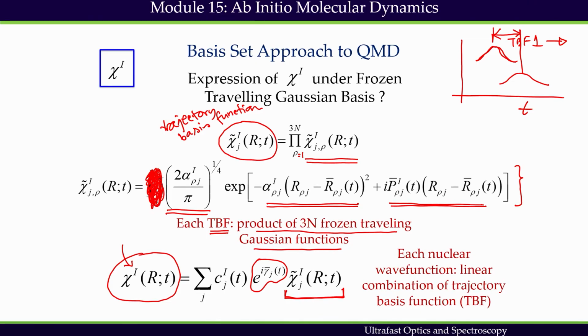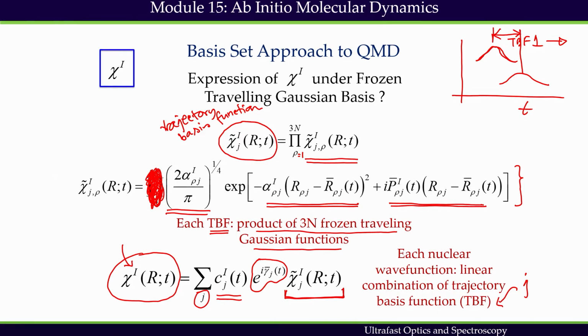And because it is a summation of individual trajectory basis functions, I have to take the expansion coefficient as well for individual trajectory basis functions. So J is the trajectory basis function index, and depending on how many trajectory basis functions I would like to take, this J number may change.